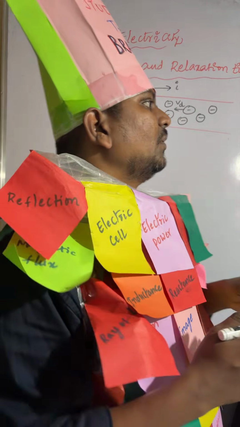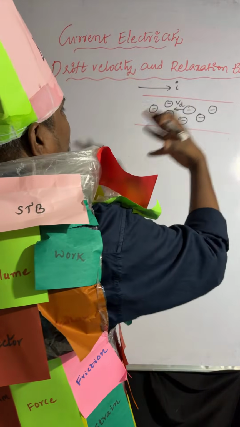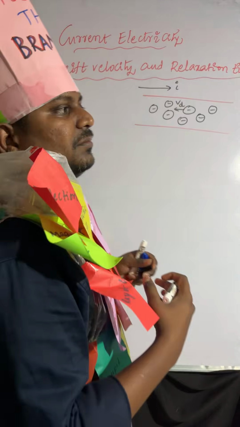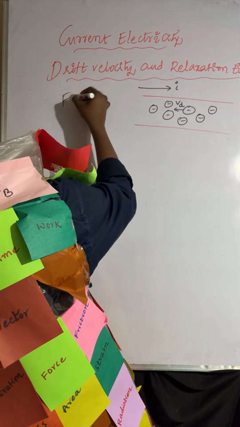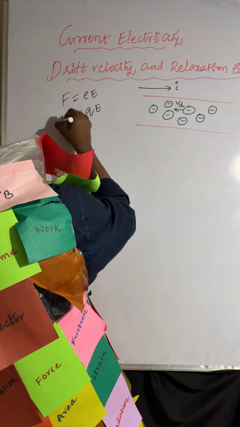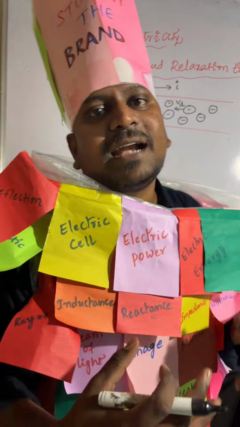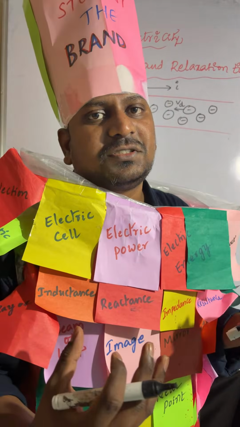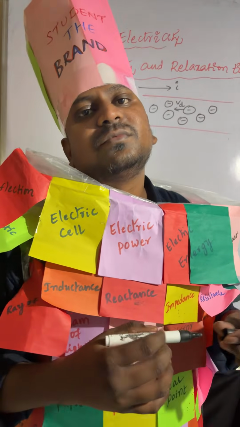So now, when electrons are moving in the conductor, they experience a force. The magnitude of force is F equal to eE, or F equal to qE. When this force acts on the electrons, it produces acceleration, and then the electrons will move.